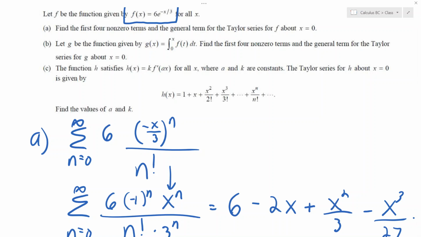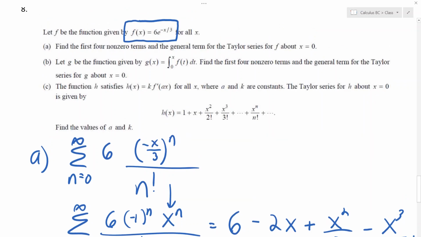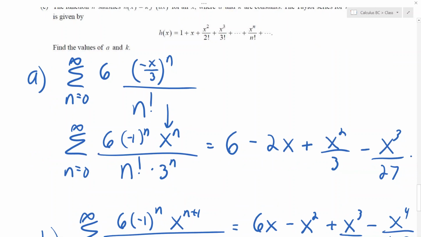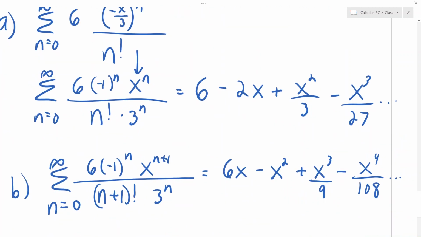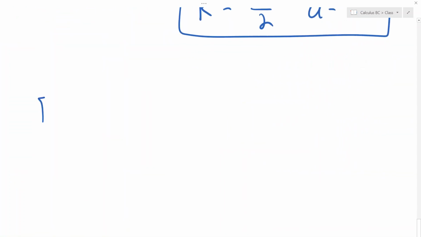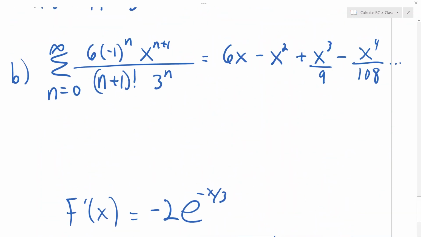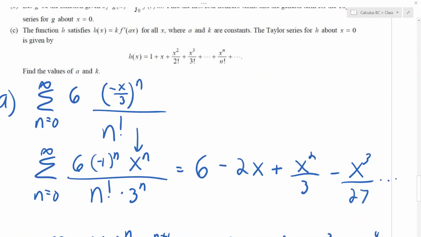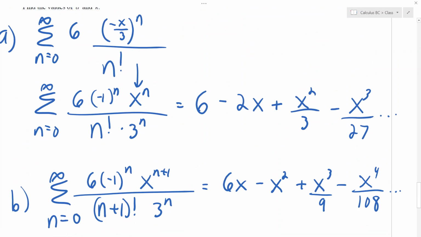So let's say we went with the series, though. We don't have a series for f prime, but we can find a series for f prime by taking our series for f, which is right here, and deriving it. So our series for f prime, this is kind of annoying, is 0, negative 2, plus 2/3 x.